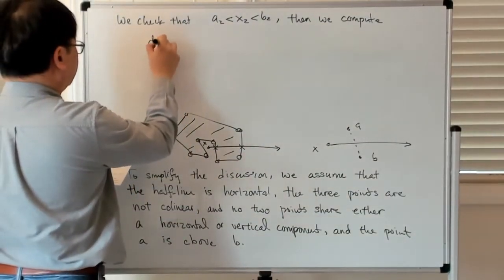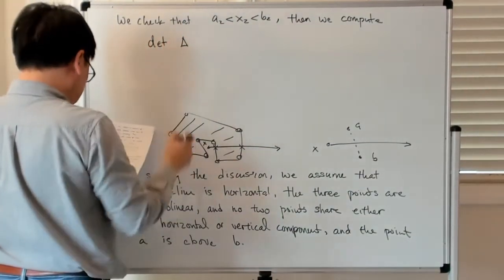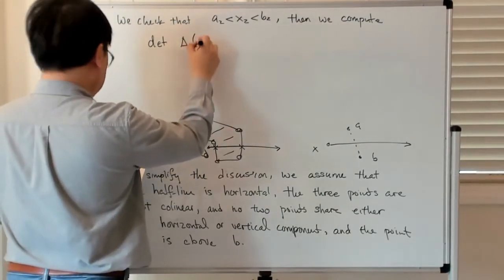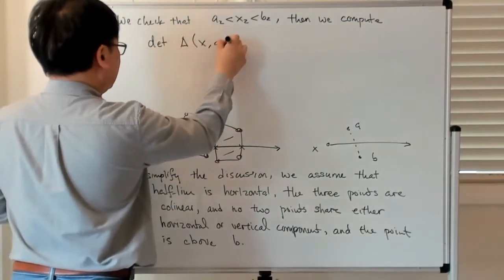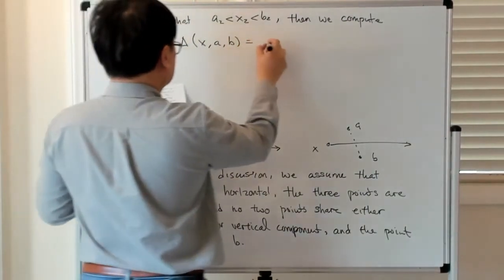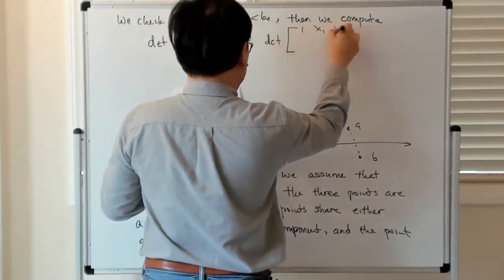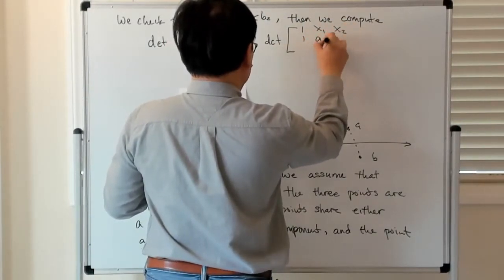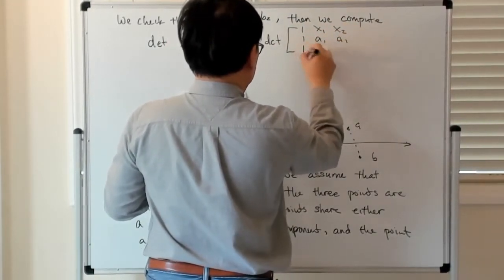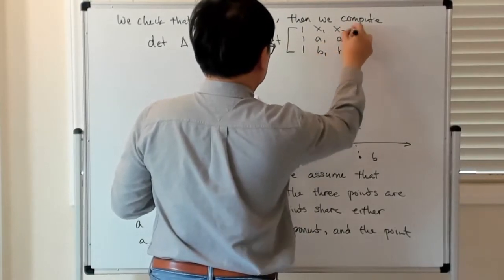If that's true, then you can compute a determinant of the following 3 by 3 matrix involving X, A, and B: 1, X1, X2; 1, A1, A2; 1, B1, B2.